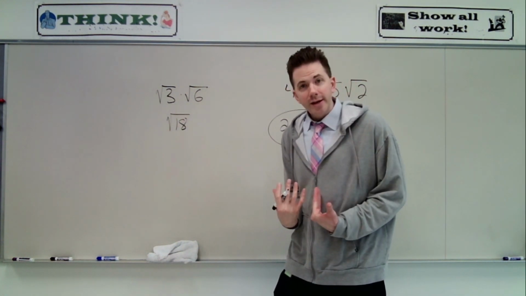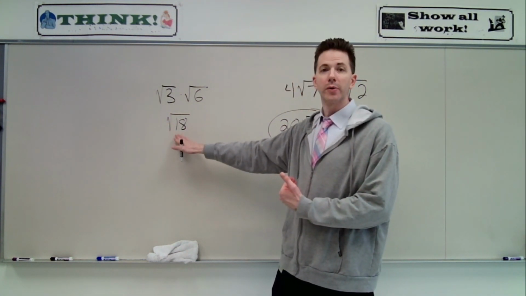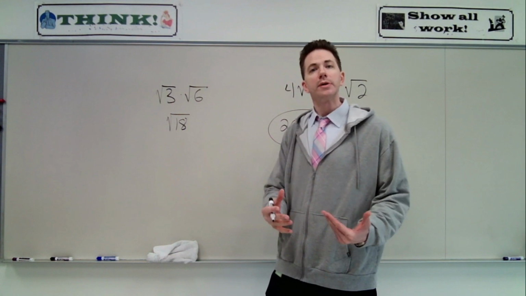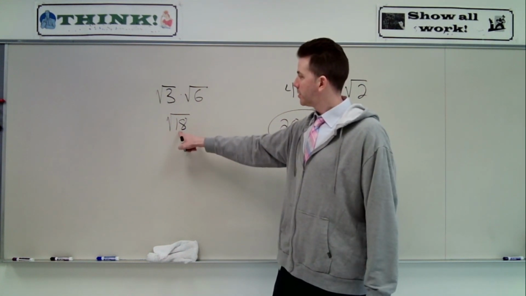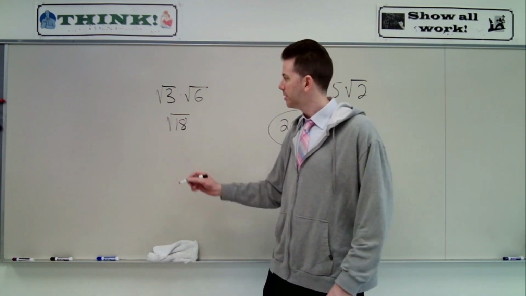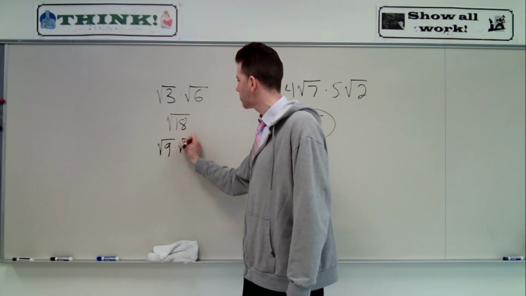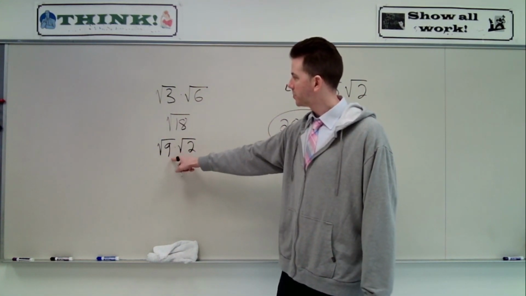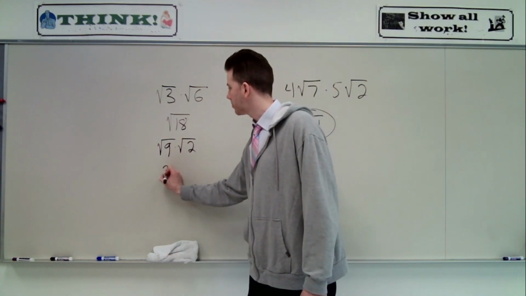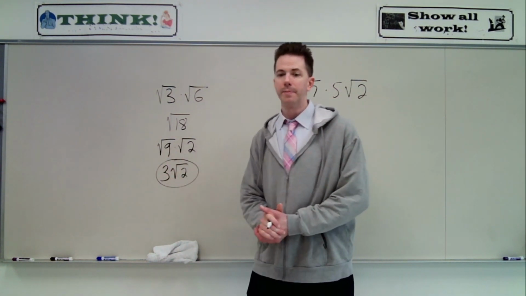The only difference between the first three answers and this answer is that this can be broken down, much like our video on simplifying radicals. So the square root of 18 I know has the perfect square of 9 in it. So I'm thinking of this as the square root of 9 times the square root of 2. I know the square root of 9 is equal to 3, and the square root of 2 cannot be simplified.